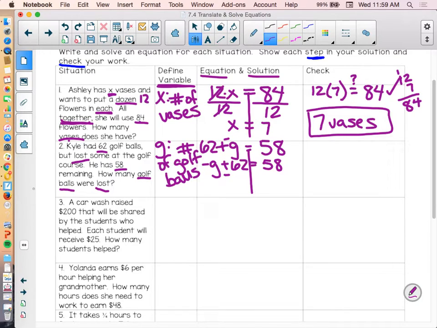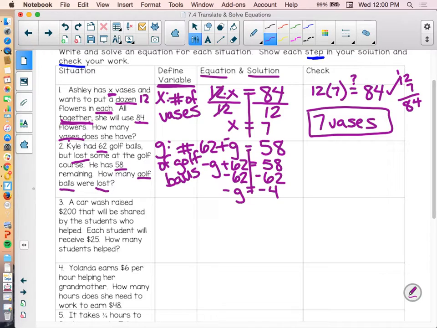So undo by subtracting 62. Make sure you pay attention to the fact that that's a bigger number, so the answer has to be negative. And 62 minus 58 is 4. But look, I have the opposite of G that equals negative 4.